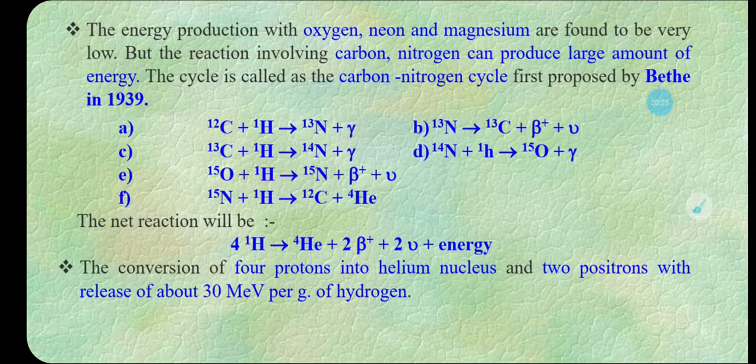This N14 nitrogen again combines with a proton, and gives oxygen O15 plus gamma particle.